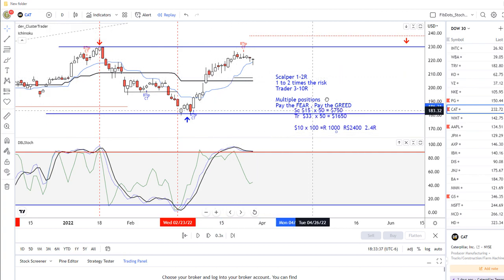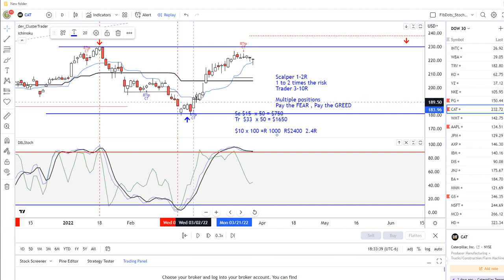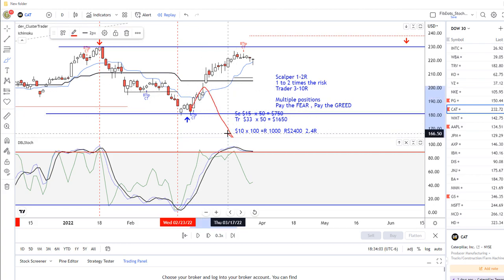So that's why I always encourage, go ahead and pay the fear, pay the greed right here. The fear of letting a winner turn into a loser. The greed, let's go ahead and take it quickly. I've got 150% return on investment in 5 days. Let's take it. Beautiful. But let's leave half on, because, and by the way, there will be times when the market will go up here, it'll hit our target, and then go straight back down and we'll get stopped out on the balance.